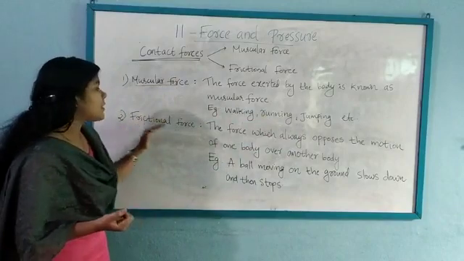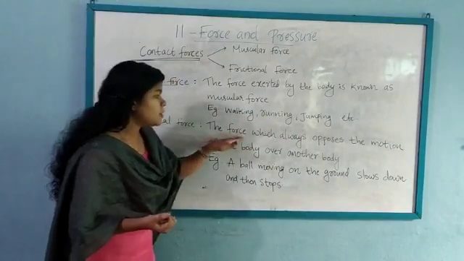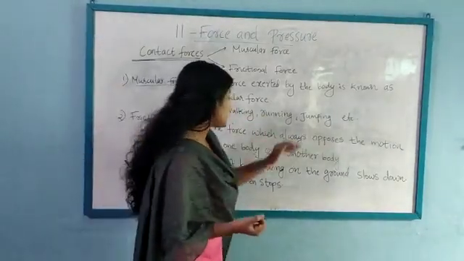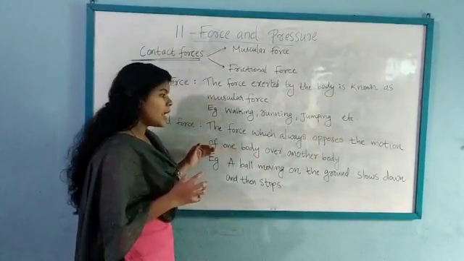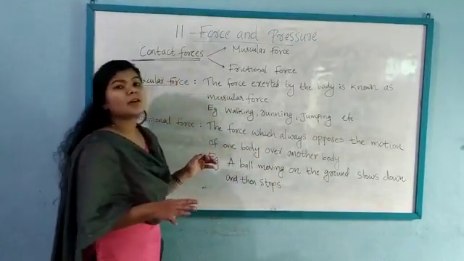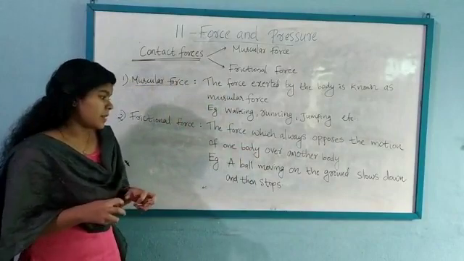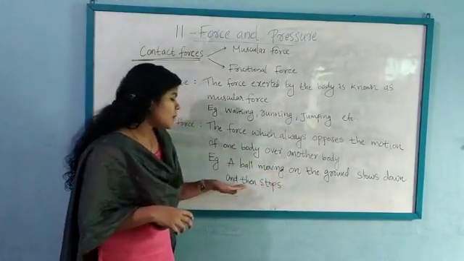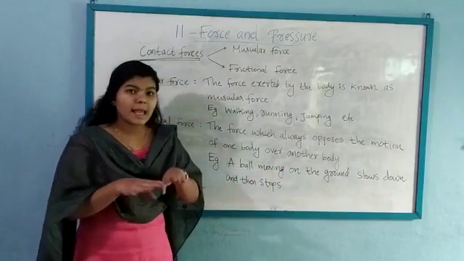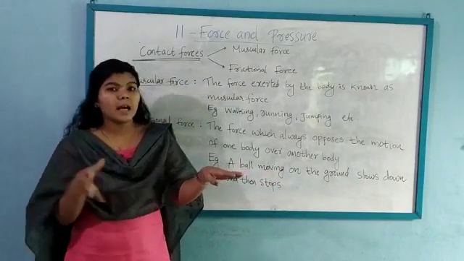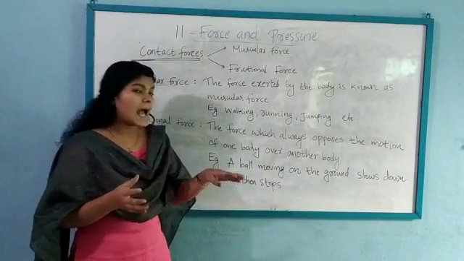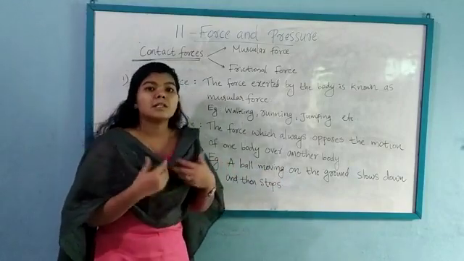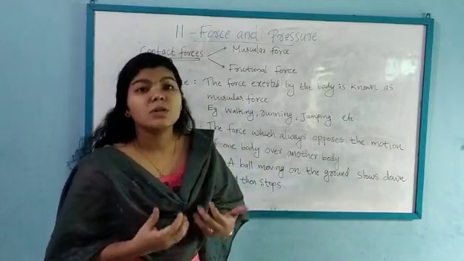Second one is the frictional force. The force which always opposes the motion of one body over another body is known as frictional force. Example is a ball moving on the ground slows down and then stops. Imagine a ground and a body is rolling over the ground, and gradually it slows down and then it will stop.